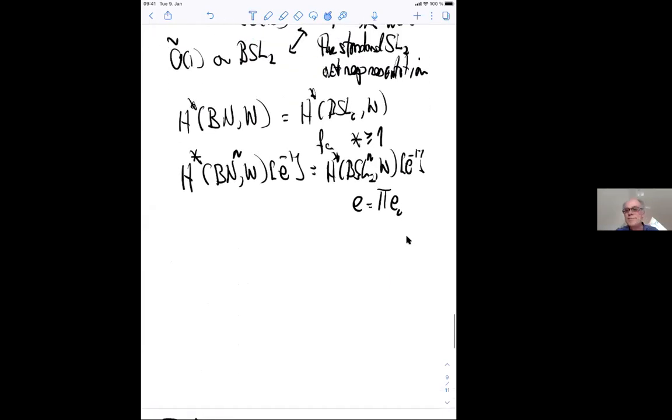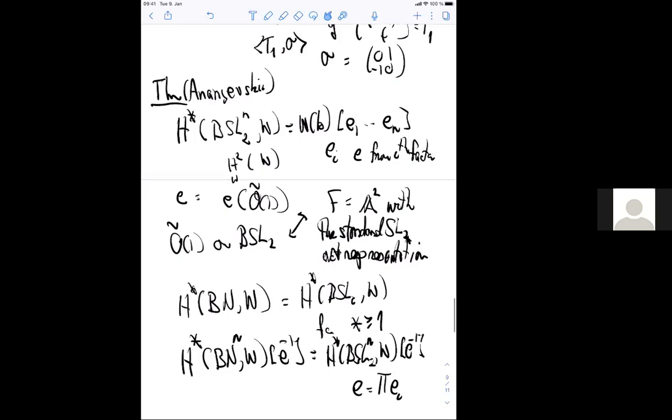Just a quick question. Are there other interesting groups for which this kind of computation has been done? Oh yeah. Anievsky did much more general theories, the so-called SL-oriented theories with eta inverted. W is one of them. He computed the cohomology of BSLN. But for instance, if we take G to be the Weil restriction of a split torus on an extension of k? Oh yeah, that gets complicated.